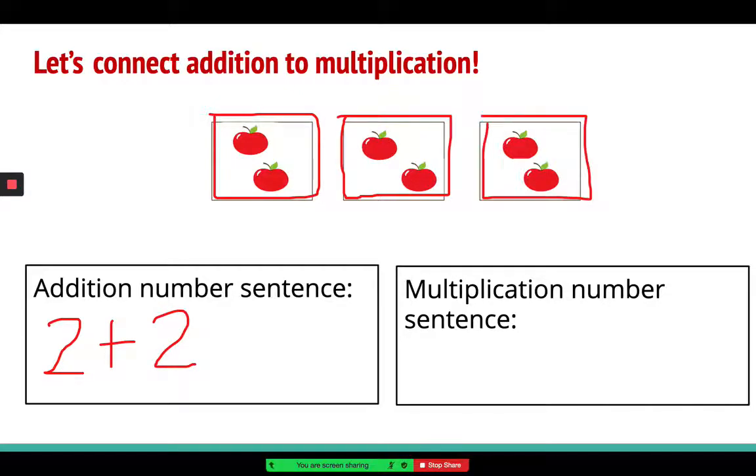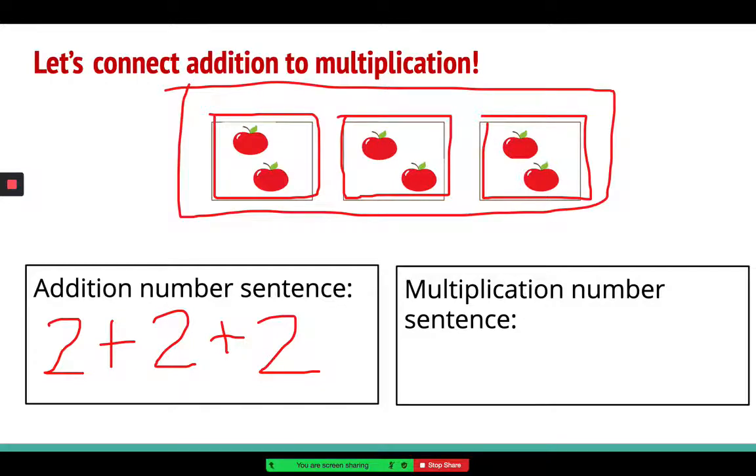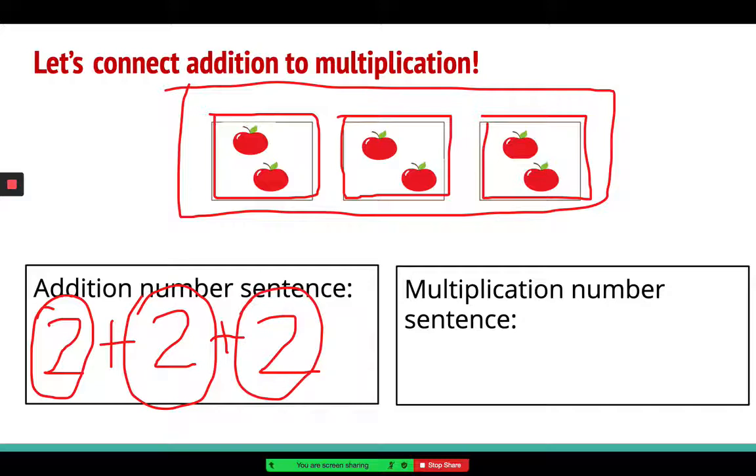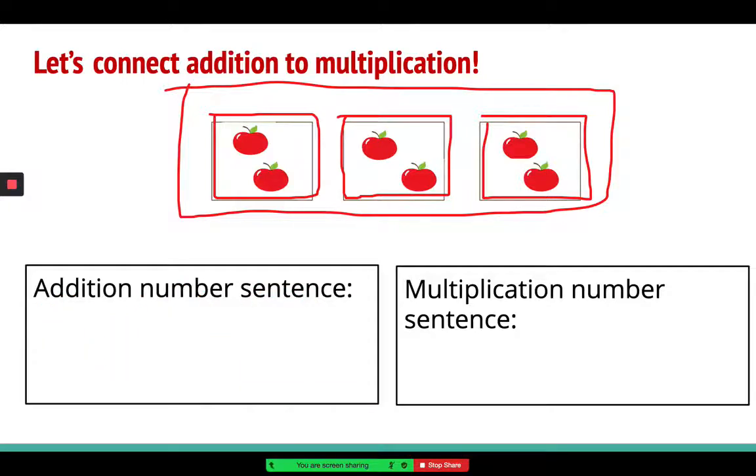And then my third group has 2 as well, so I'm writing plus 2. 2 plus 2 plus 2 matches this model because I'm adding the number 2 and I'm doing it 3 times. Look, here's one group of the 2, here's the second, and here's the third. Okay, so we know how that part matches.